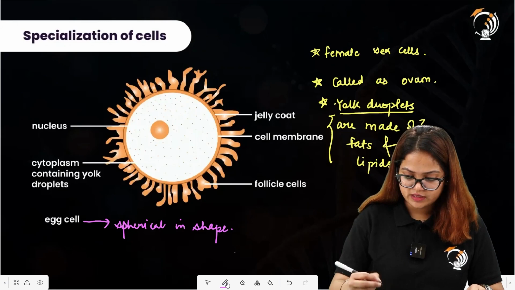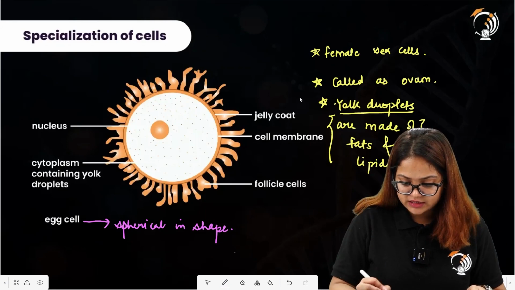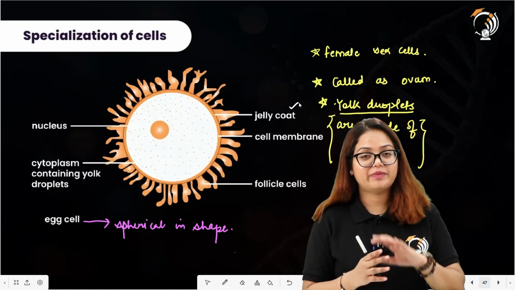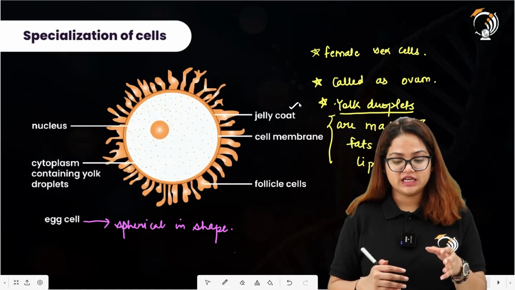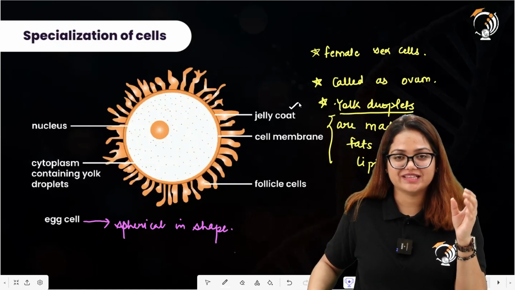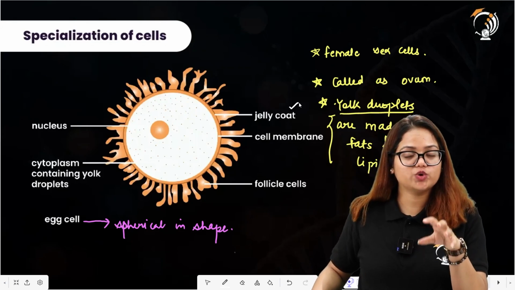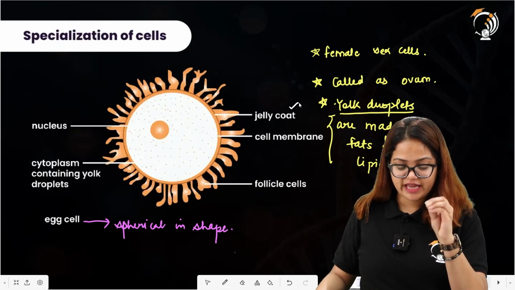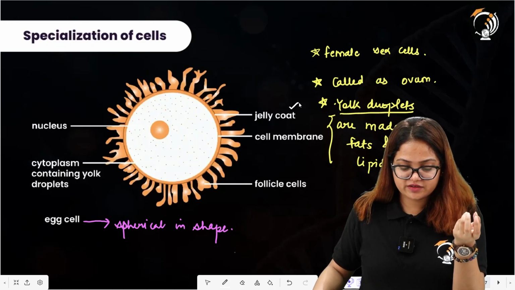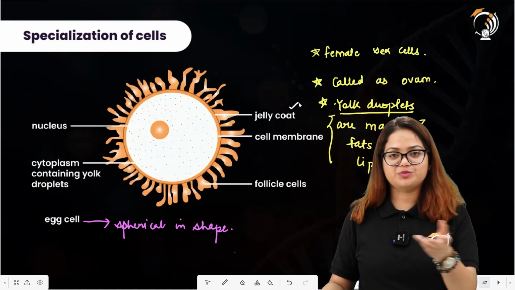All right. So let us go through the diagram. We have here the jelly coat of the egg cell, which is digested by the male sperm cell. So that is the male sex cell that has a region of acrosome in the tip of the head that has digestive enzymes to digest the jelly coat of the egg cell here. All right, and by that it proceeds towards the fusion of the male gamete with the female gamete, leading to the process of fertilization.